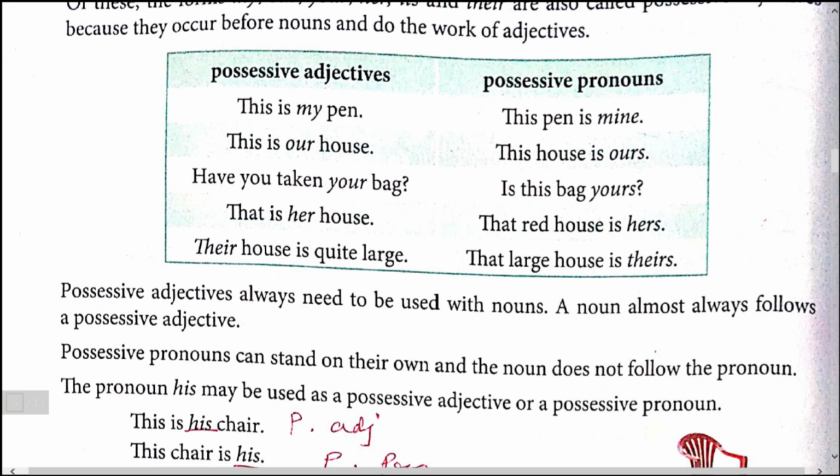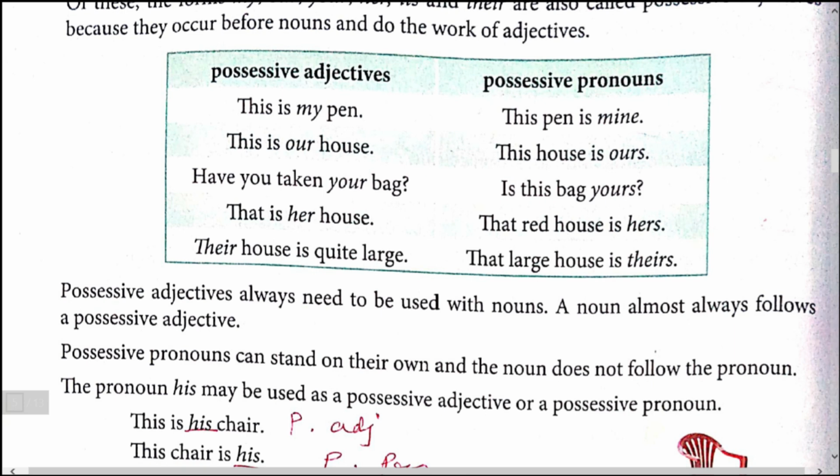Now when I'm going to possessive pronouns, this pen is mine. This pen is whose? Answer the question, whose? Mine. So you'll get the answer. This house is ours. This house is whose? Ours. Is this bag yours? Is this bag whose? Yours. So yours will be a possessive pronoun. That red house is hers. That red house is whose?